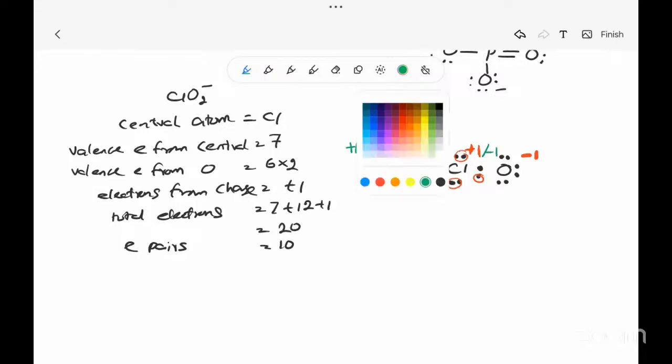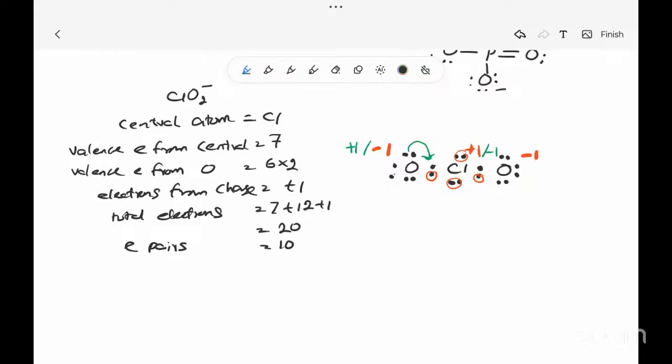So at the end of the day, we will have something like this: chlorine. There will be a double bond here. In this oxygen, there will be 2 lone pairs. In this oxygen, there will be 3 lone pairs here. So the -1 charge is here. So the Lewis dot dash structure will be something like this.